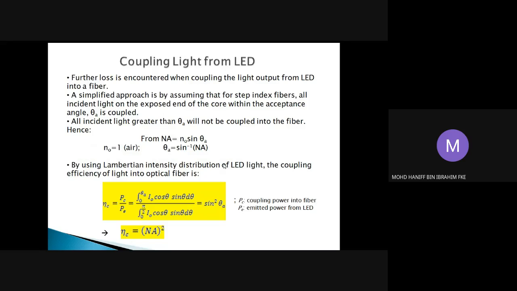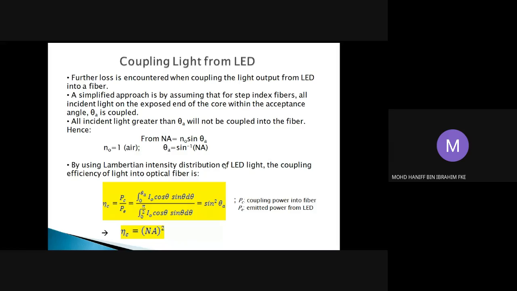So before we end this lecture number 7, we need to understand well the coupling of light from the LED. This issue is very important, especially in the optical communication system, because when we want to transfer the light from the LED to the fiber optics, the coupling of light is a very critical issue.